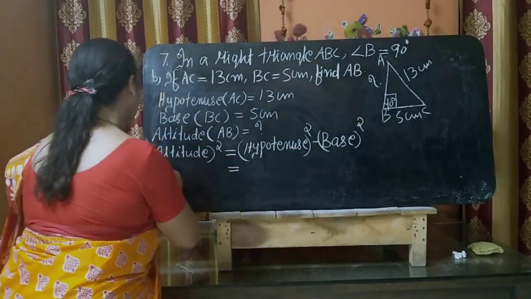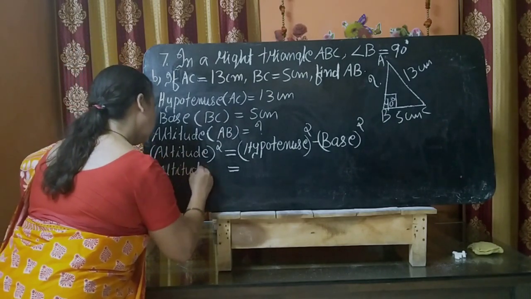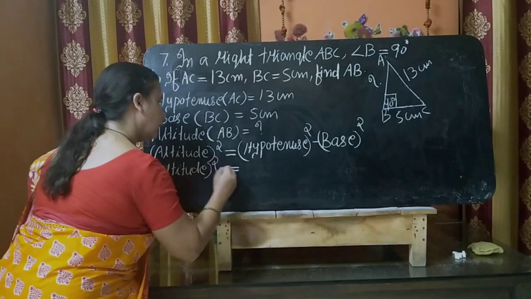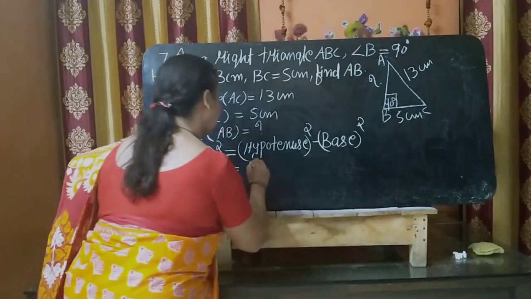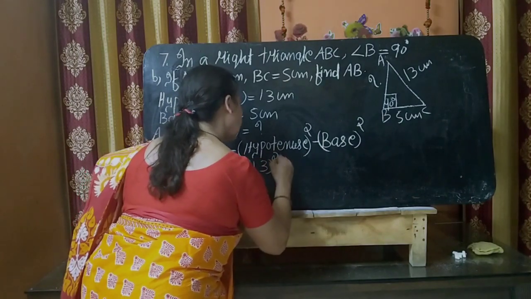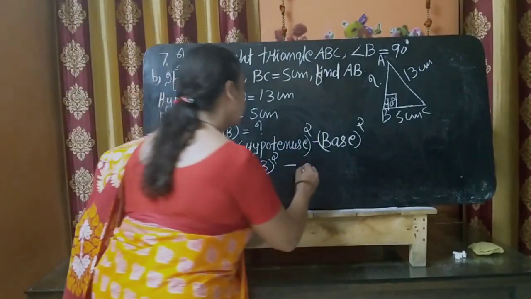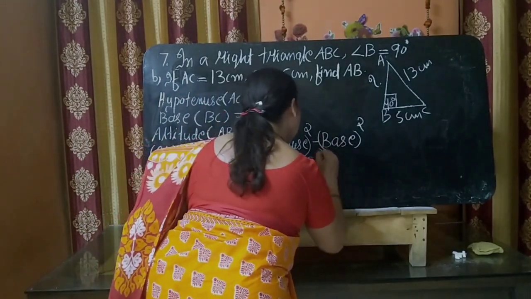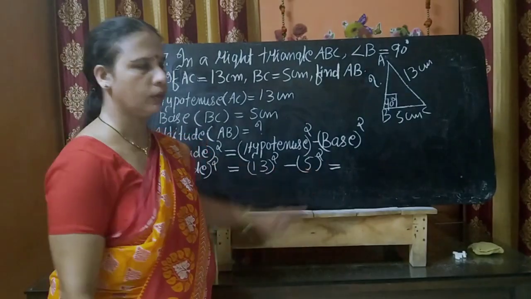Here altitude square equals hypotenuse square. What is hypotenuse? 13. Then 13 square minus base square. Base is 5 centimeters, then 5 square. 13 square, 13 into 13, 169.